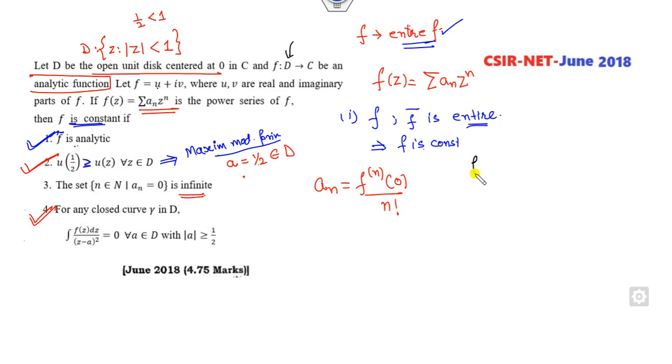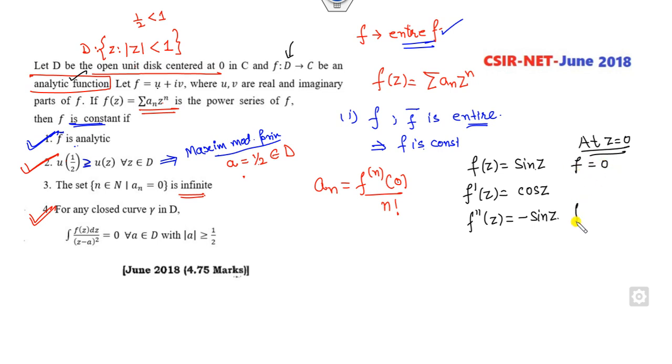I can consider the same example. This is sin z. This is the entire function. What is the first derivative? cos z. Second derivative is minus sin z. So now at the point z equal to 0, that is at the center, f is 0, f double dash is 0, and the fourth derivative will be 0.